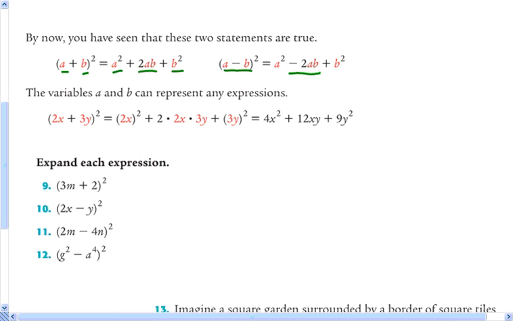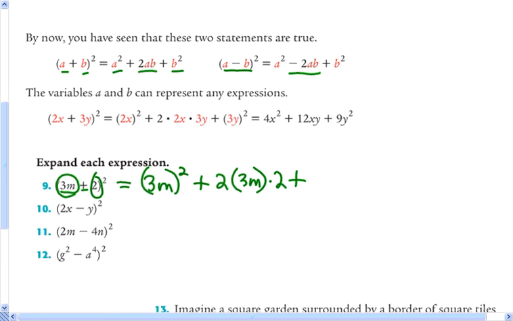So we can use that idea. We know that the first term is going to be that term squared, and I'm just going to write it out, and I'll come back and simplify it in a second. The middle term, since this is a plus, is going to be plus 2 times a, which in this case is 3m, times b, which is 2.